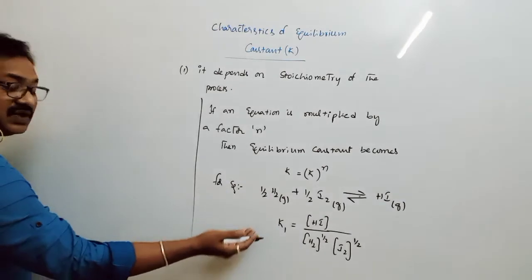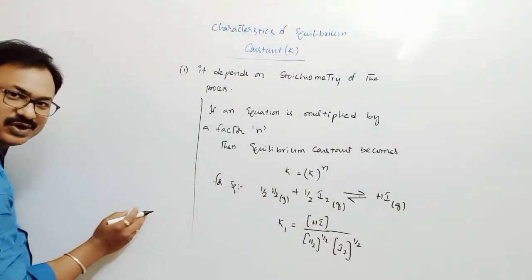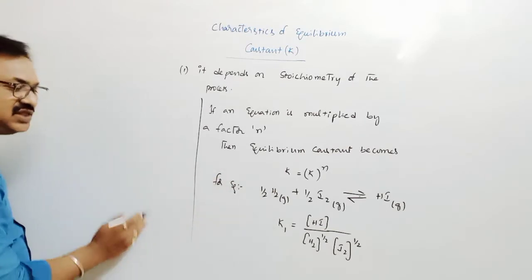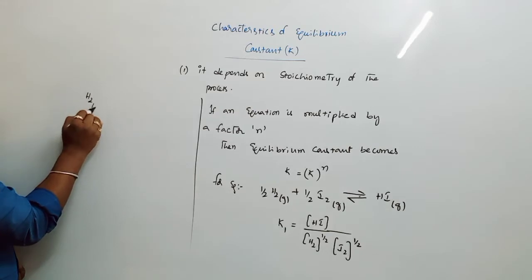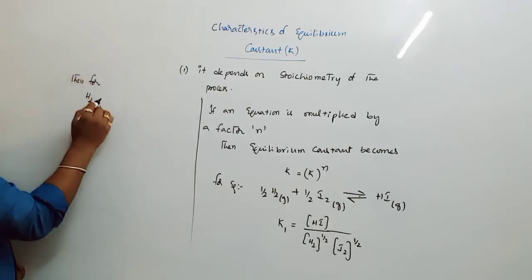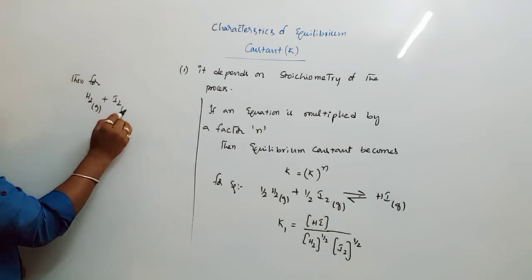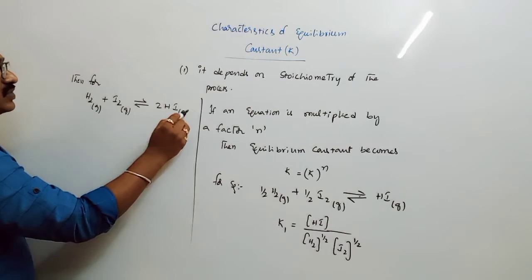Okay, again, same reaction if it is multiplied by 2. Let me multiply the same reaction by 2. So what will you get? H2 gas plus I2 gas gives rise to 2HI gas.